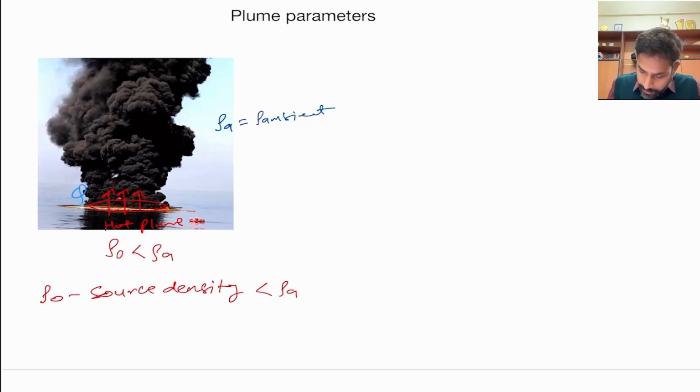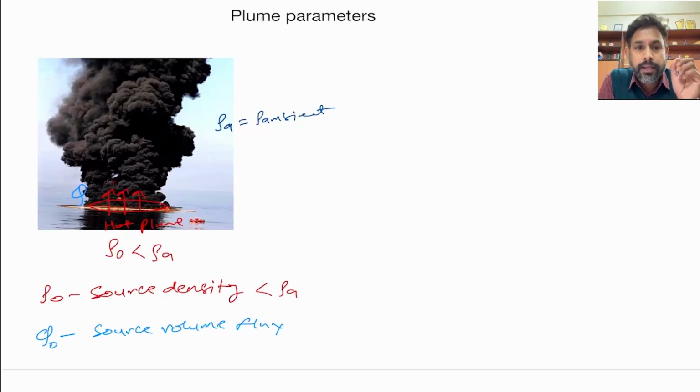So we will call that q, let's call it q naught, the source volume flux. We see that there are two things because of which this plume is getting formed. One is the density, which is smaller than the ambient, and then there is a flux. The gas which is coming out must be coming with some mass or some volume, right? So we will call it the source volume flux.